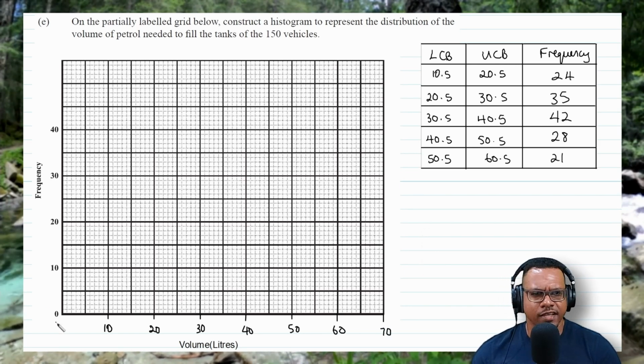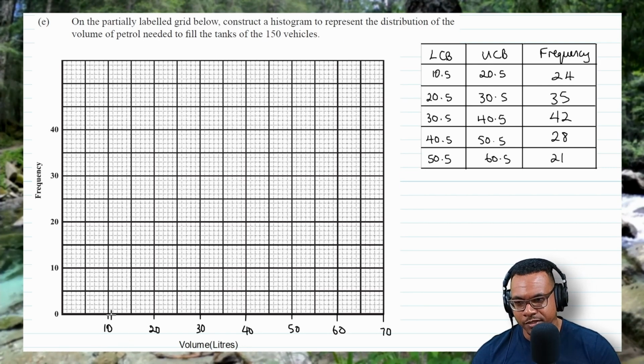So obviously we had to figure out 10.5. What we have here is 10 units, and from 0 to 10, we have 10 little blocks, so each little block representing 1. So 0.5 will be half of 1 little block. Okay, so 10.5 will just be in the middle right here.